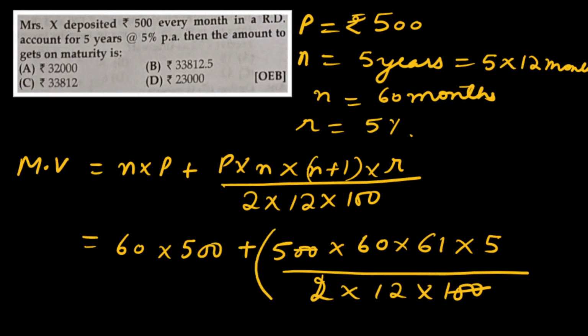2 zeros we can cancel. This we have to simplify individually. So cancellation here we can do, 2 into, or let it be 2 only. 12 into 5 is 60.